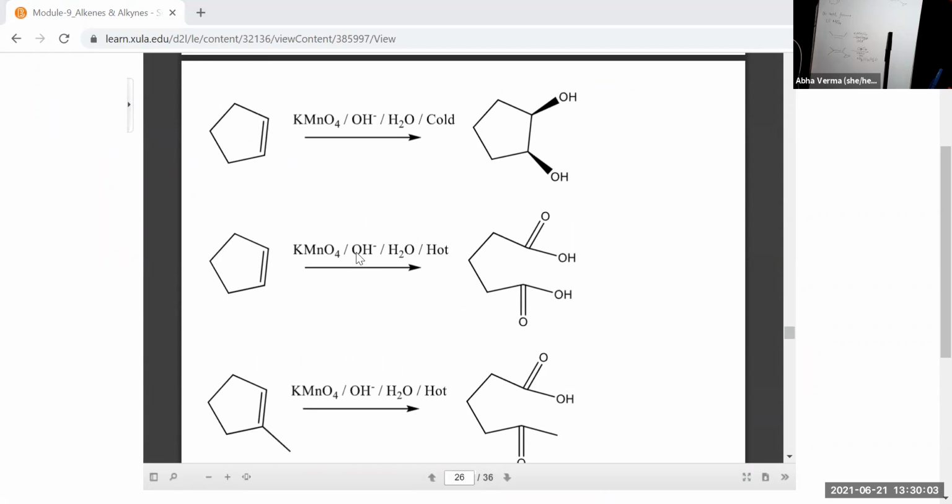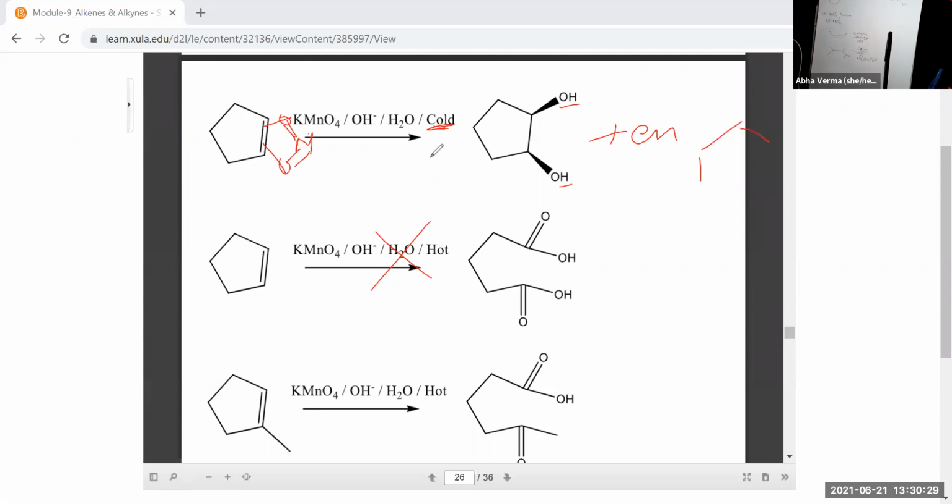We are not looking at hot KMnO4 anymore. We will just be focusing on our cold KMnO4. So if you look here, the M metal is here, oxygens will be here. So both of these alkene carbons will add OH from the same side.